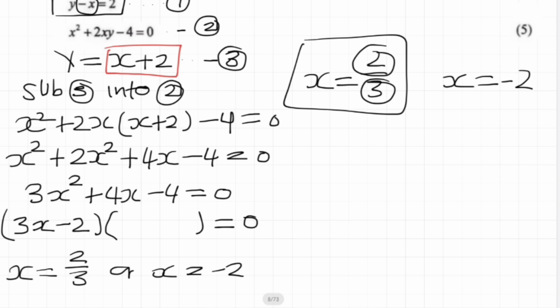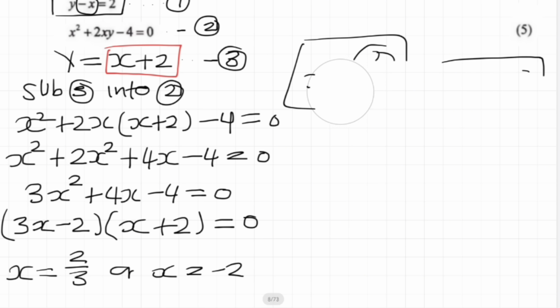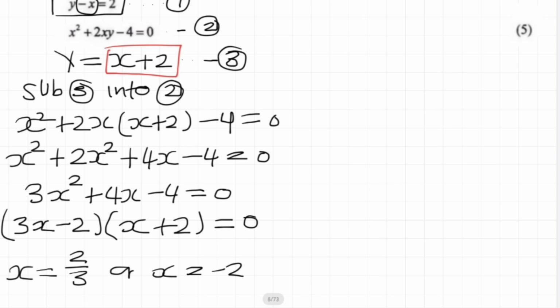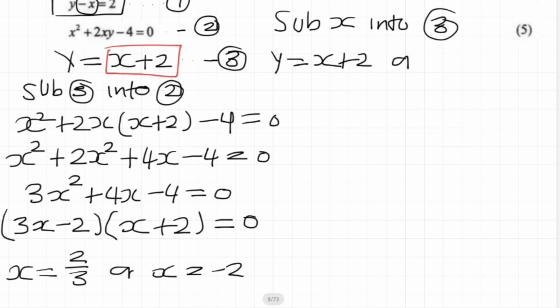So from here on, as you can see, this is an x minus 2. It's easy, it's going to be x, and then you change the sign, it's going to be plus 2. So when we bring it out, it's going to give us what we want. So we did find the values of x. We need the values of y right now. So I'm going to substitute x into equation 3. In equation 3, we have y equals x plus 2, or y equals x plus 2.